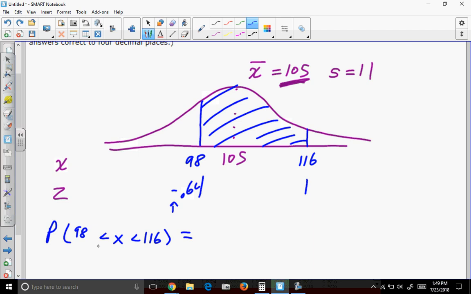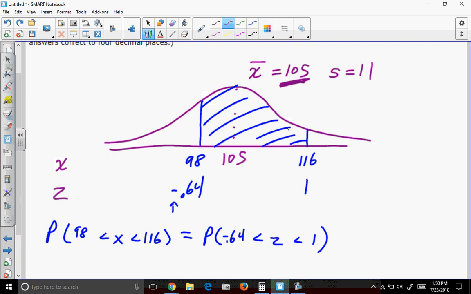So asking for a probability that our data value is between 98 and 116 is equivalent to saying that a particular value is between these two z-values. What's the likelihood of selecting a person whose z-value is between 1 and negative 0.64?